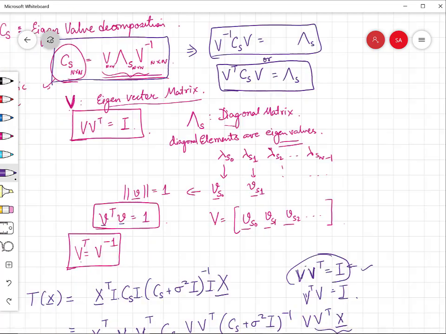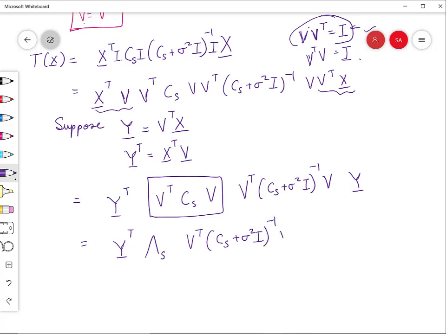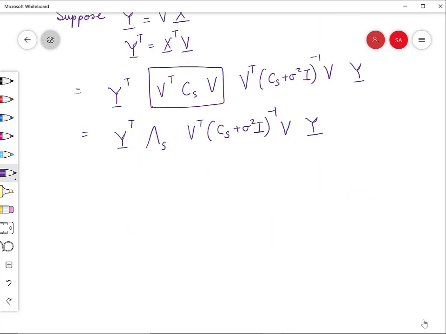Okay, so here I'm going to do the same thing. V transpose CSV is what? It is lambda s times V transpose CS plus sigma square I inverse V times Y. So what we can do is we can take this part here and consider it of the form A inverse, B inverse, C inverse.